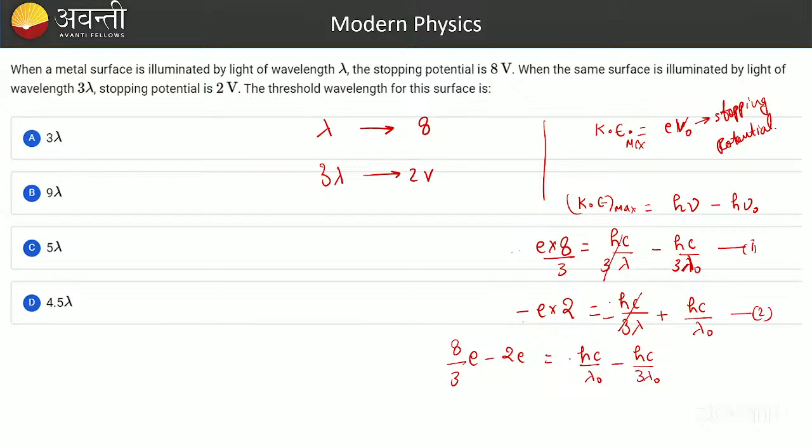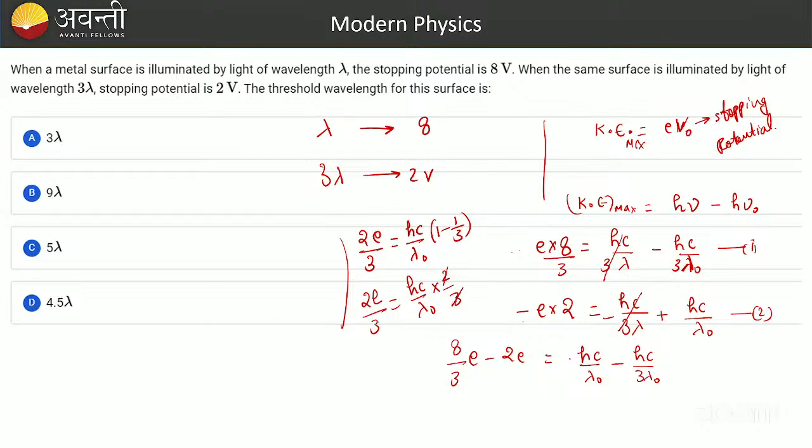So this will become 3 minus 2, and 3 into 2 will become 6. So 8e minus 6e will become 2e upon 3, equals hc upon lambda naught. We can take hc upon lambda naught common, and 1 minus 1 by 3 is nothing but 2 by 3. So 2e upon 3 equals hc upon lambda naught into 2 by 3.